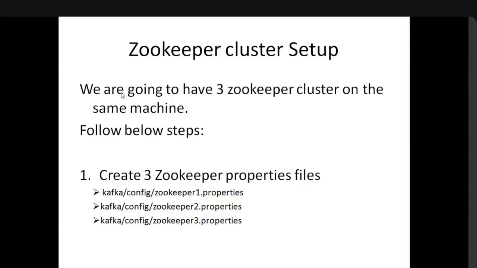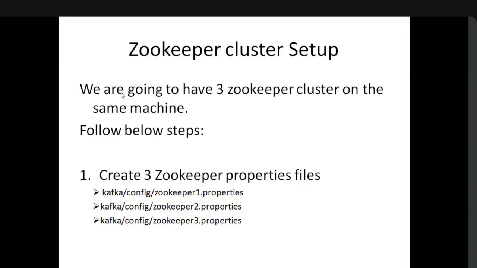Now what you will do is very simple. Till now we have only one zookeeper.property. If you want to create 3 zookeepers, then you copy and paste the same zookeeper file 3 times. You can rename them zookeeper1.property, 2.property, 3.property. If you don't want to rename the existing zookeeper.property, don't do it.